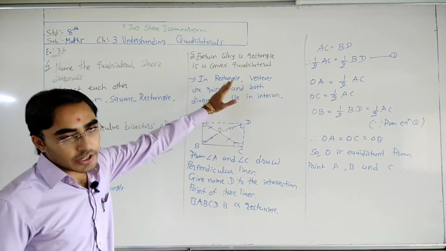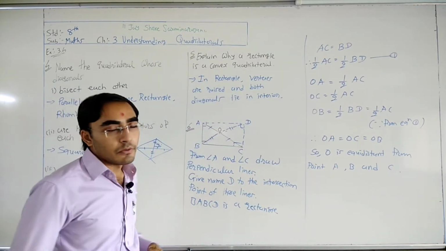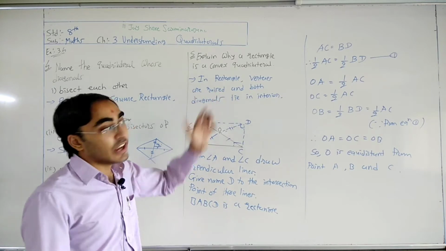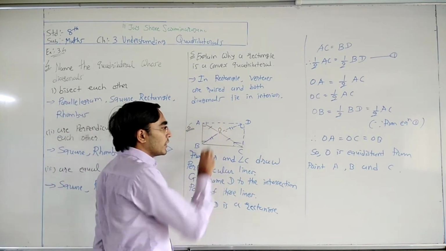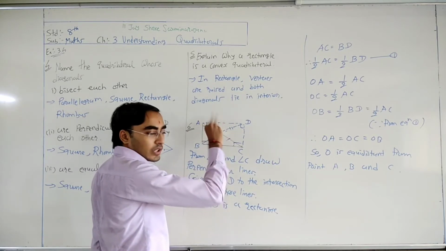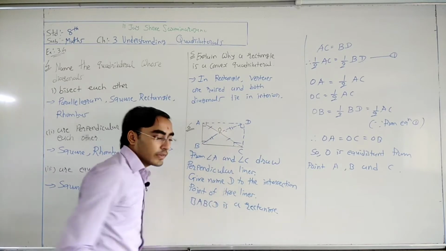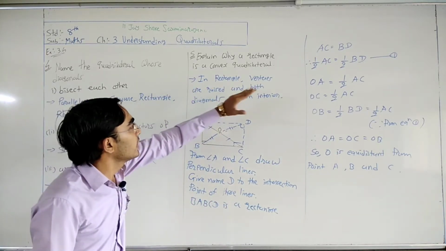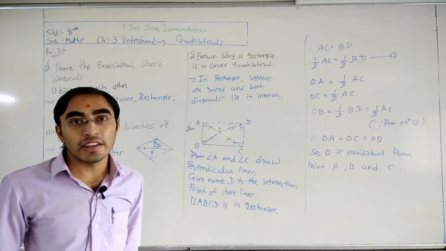So here in rectangle, vertices are raised from the center. Right? Here one center is there. All the vertices are in the exterior part of the center. So it is called raised. All the vertices are raised and both the diagonals lie in the interior.